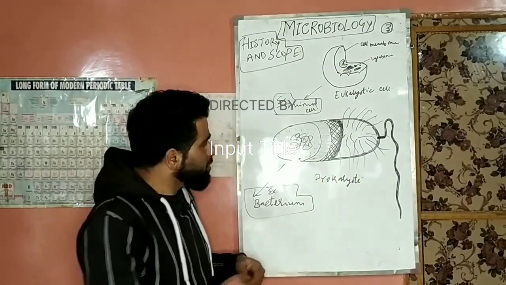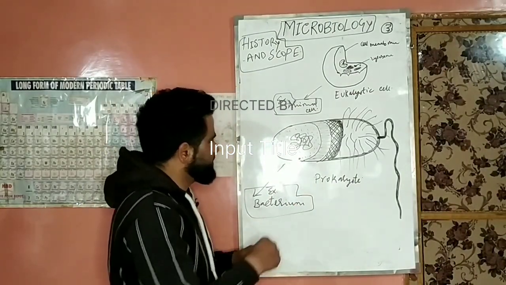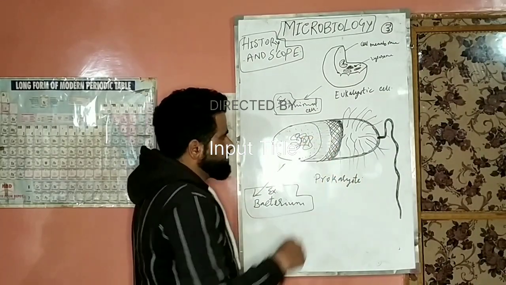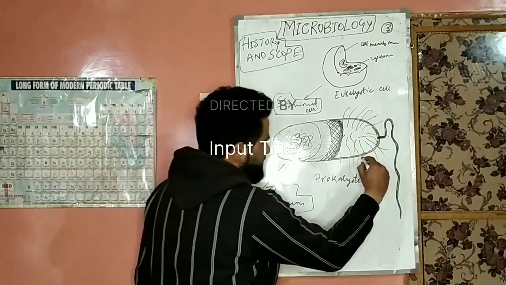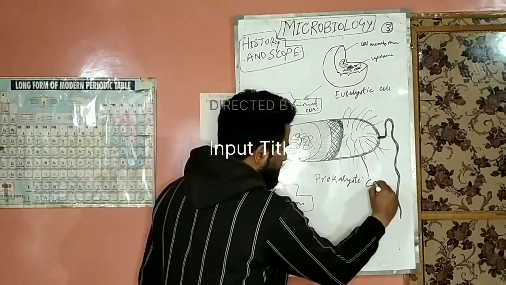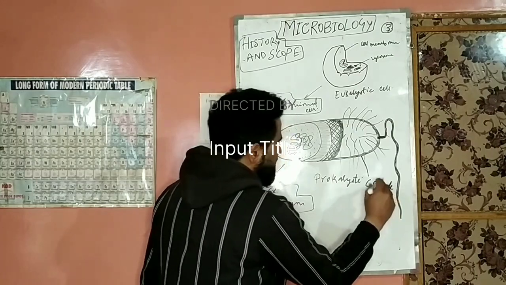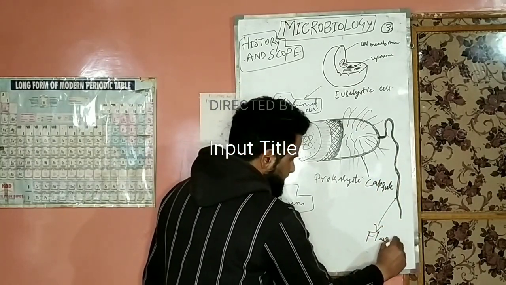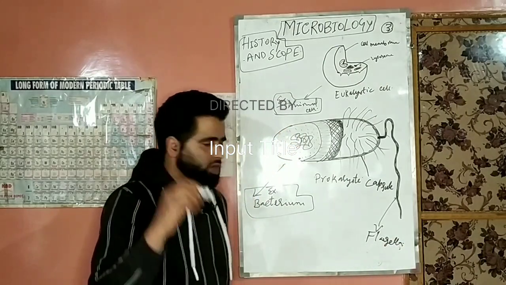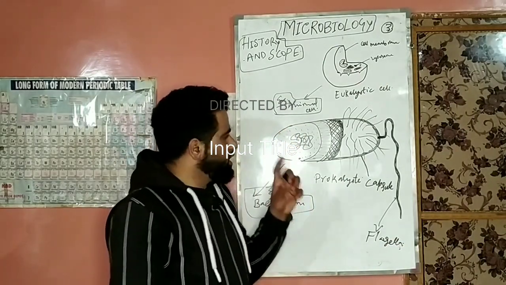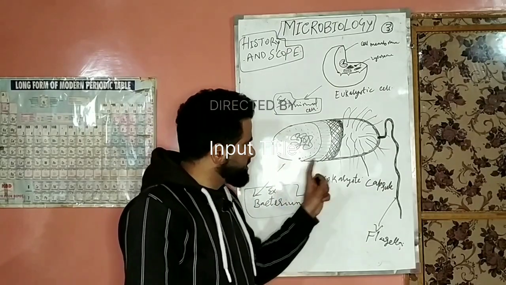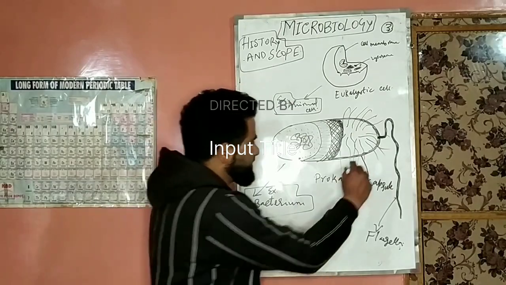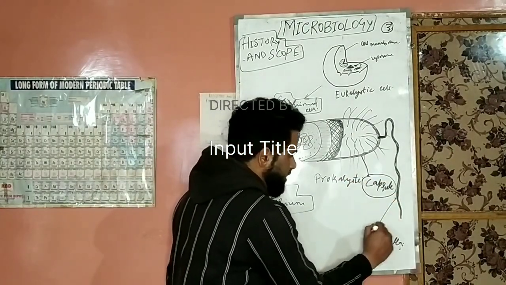Now this is a bacterium here, a prokaryotic cell. This outer portion is a capsule, and this long thread is the flagella. In later lectures, inshallah, you will come to know every detail about these terms, like flagella and capsule. The capsule is the outermost shell of this bacterium.